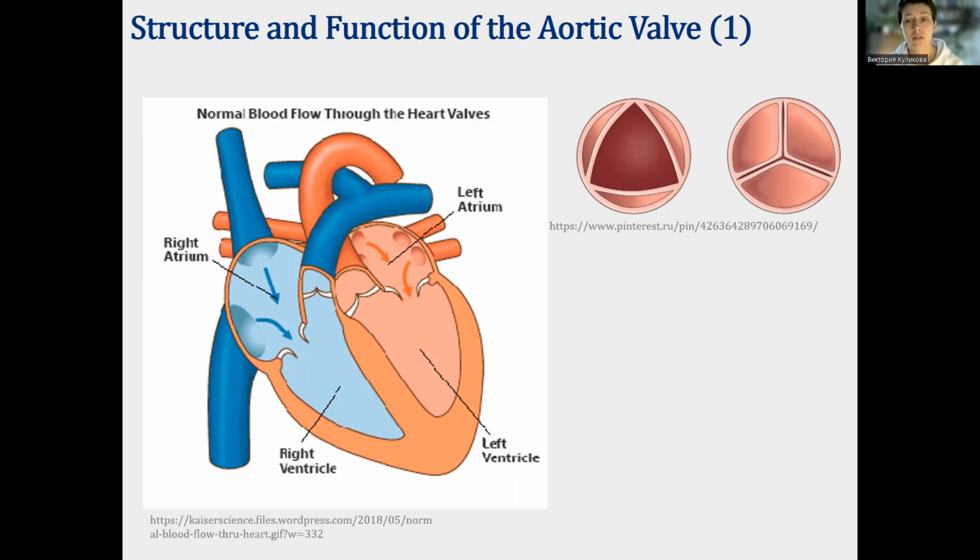In systole, during the period when the left ventricle contracts and pumps the blood, the aortic valve opens widely and blood flows freely from the left ventricle to the aorta. In diastole, when the left ventricle relaxes, the aortic valve closes completely so that the blood remains in the aorta.